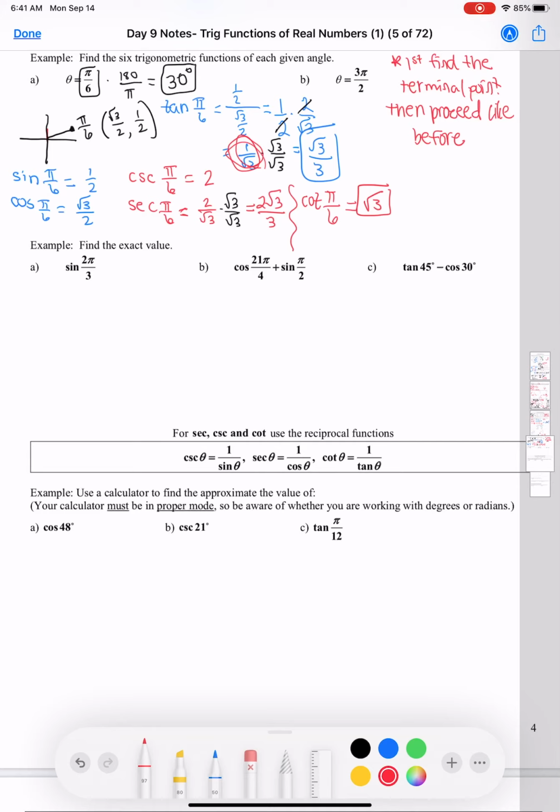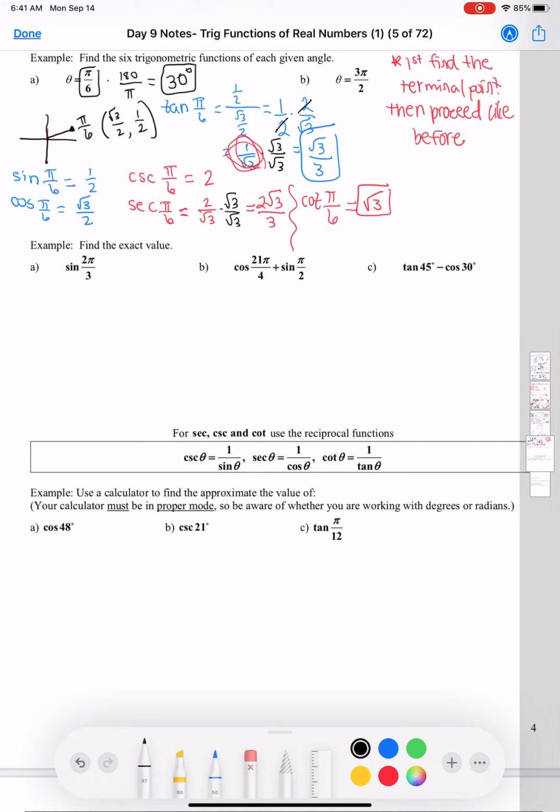Okay. So part B, we have 3 pi over 2. And so I'm not going to find sine, cosecant, cosine, and secant since we've been doing those. I'm just going to go ahead and find tangent and cotangent for time purposes.